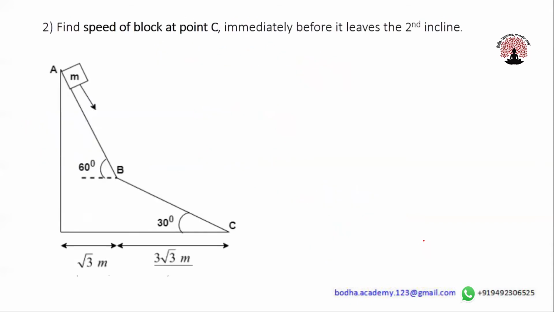Now in the second part, we want to find the velocity at point C. When the body slides from A to B, the direction of velocity will be along AB. So we extend it like this. This is the direction of velocity VB. We'll assume that this height is h2.